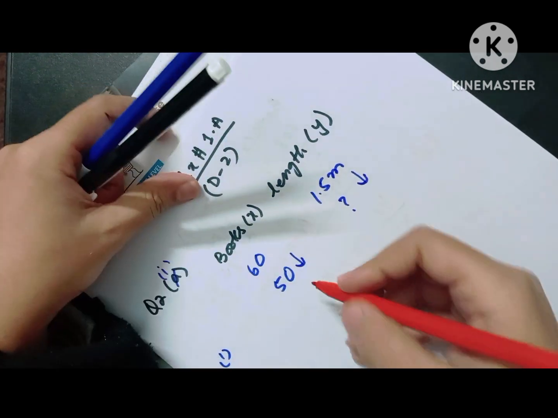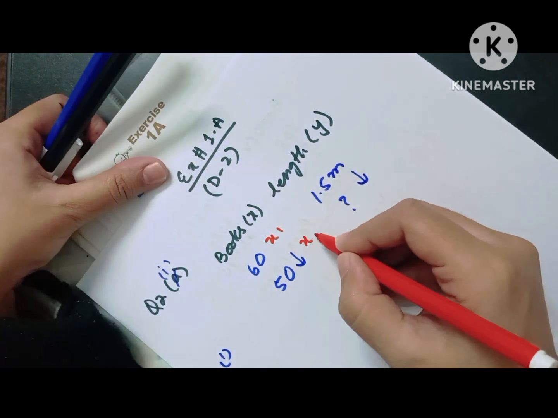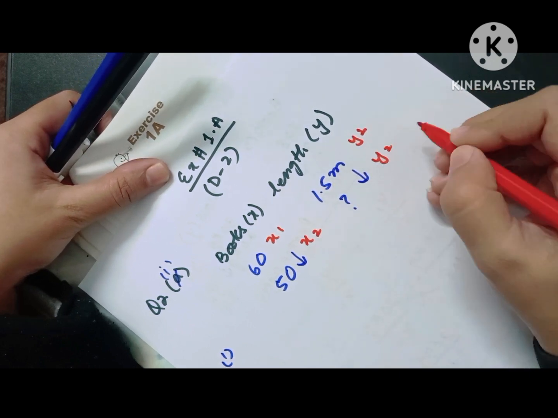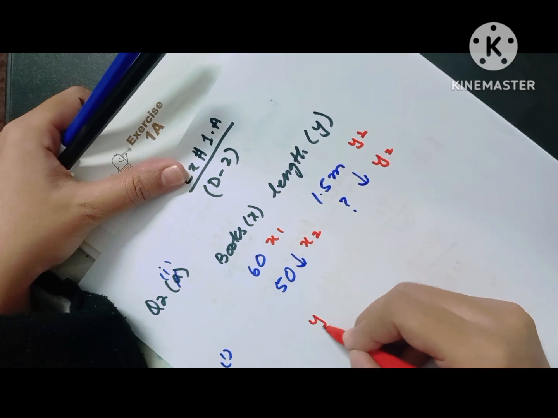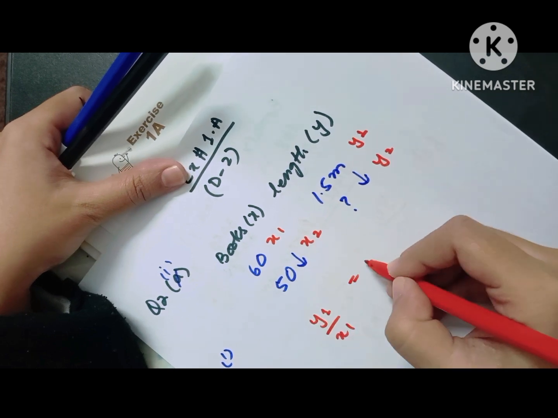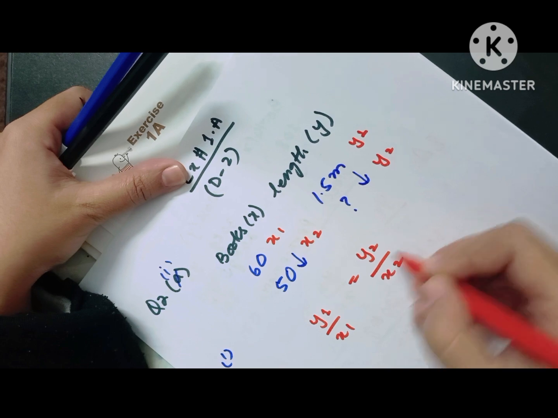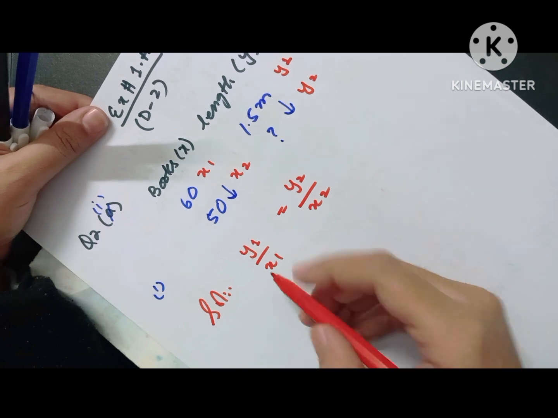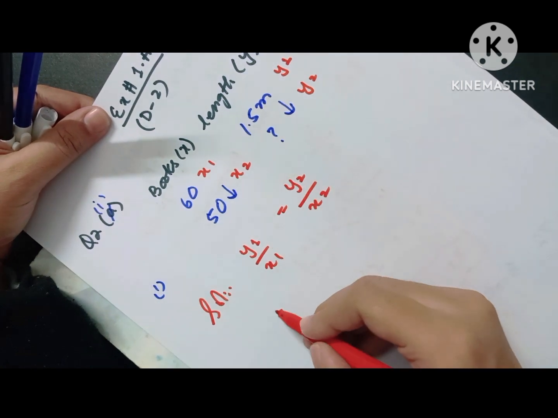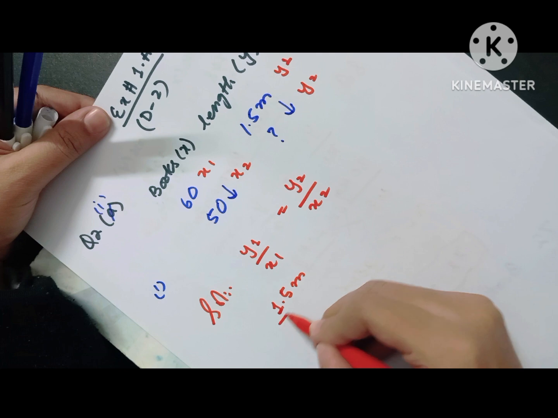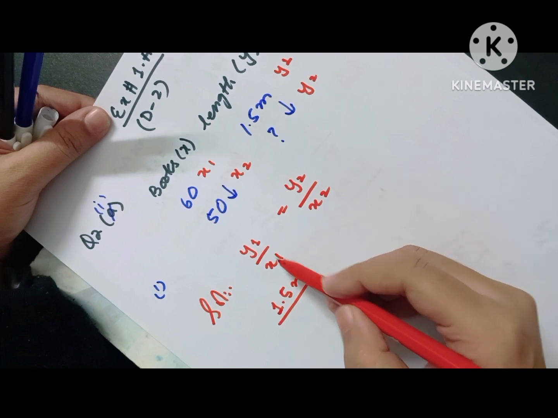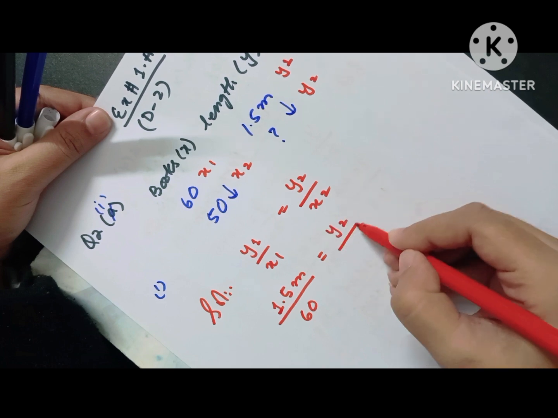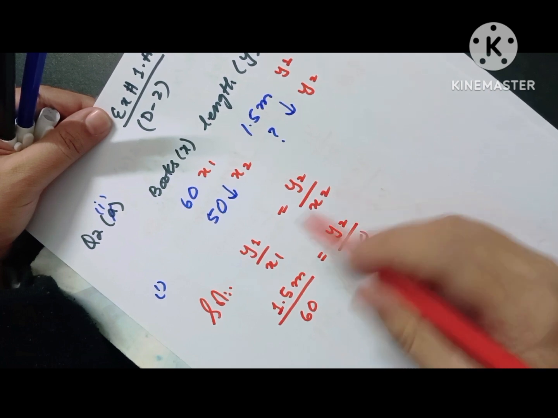So in direct proportion, if this is x1, then this is x2, this one is y1 and this one is y2. Then y1 over x1 equals y2 over x2, and we put in the values: y1 is 1.5 meter divided by x1, which is 60, equals y2, which is unknown, divided by x2, which is 50.